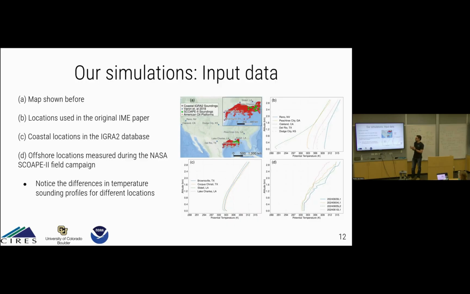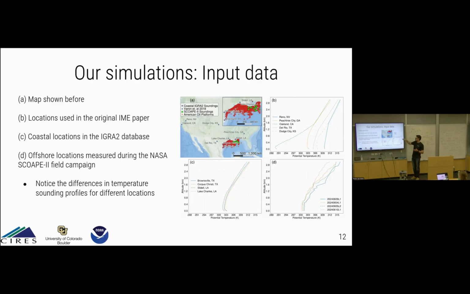Now you can see here, those temperature profiles are very different from each other. All the coastal cities present similar sounding profiles. And if you look at the offshore sounding profiles, which are the most interesting here, I think, closer to the surface, potential temperature will be pretty much constant up until a certain height, until you reach the boundary layer of the planet.